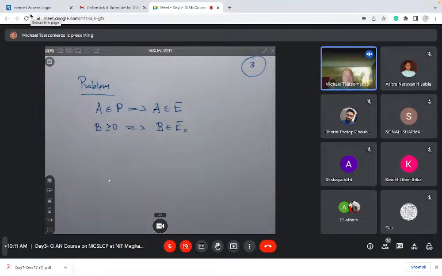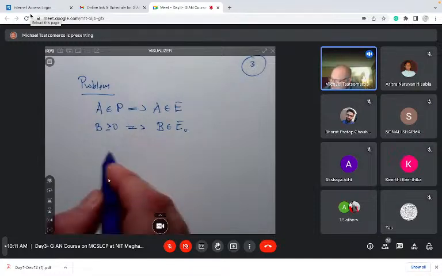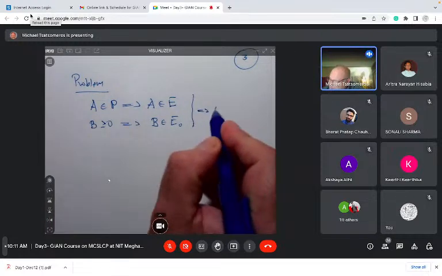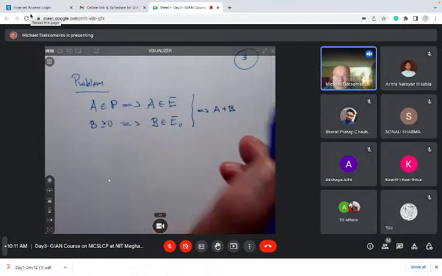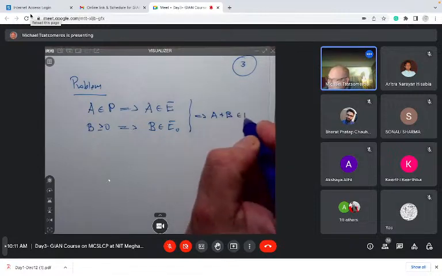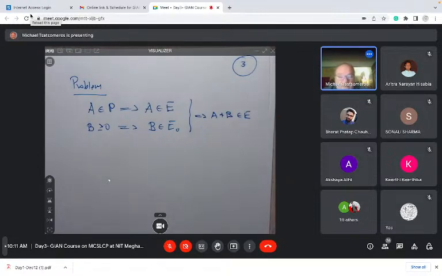If you make it positive, it is in E. As a consequence of these two things, A plus B, right, because the sum of two semi-monotone matrices, here one of them is strictly, then this is in E. Anybody has a disagreement?